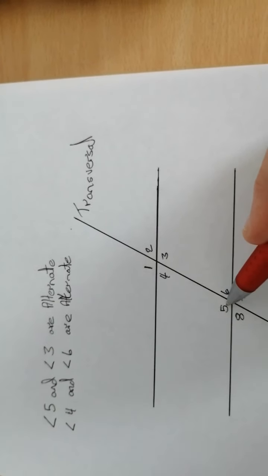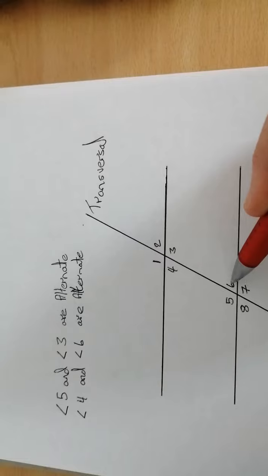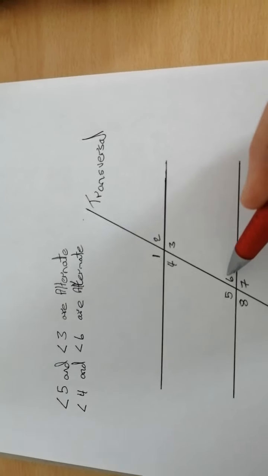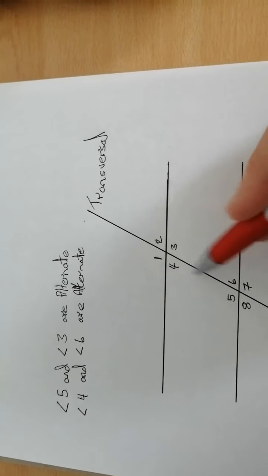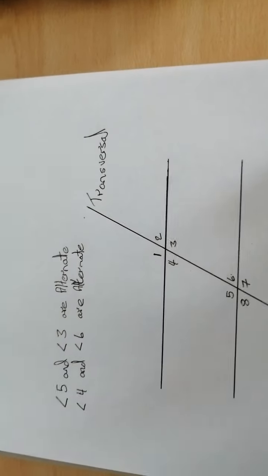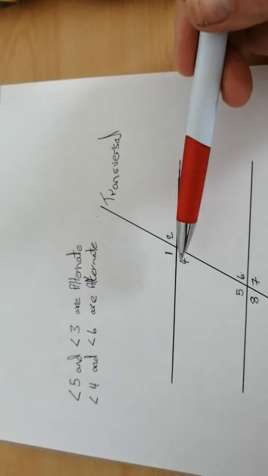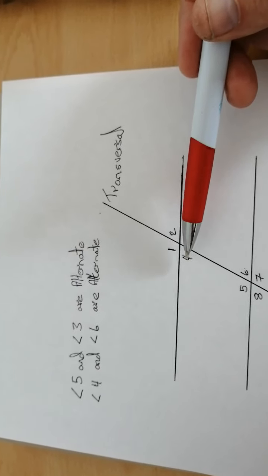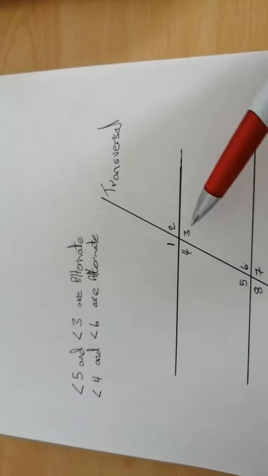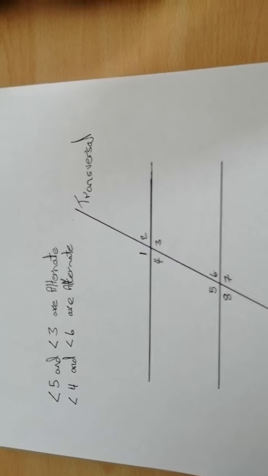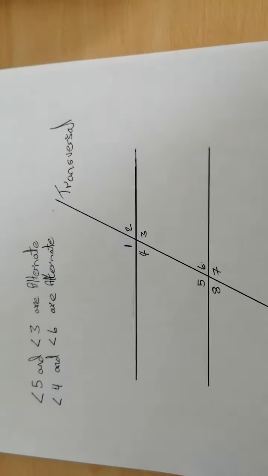So for instance, if that was 100, then this must be 80 degrees. And if that's 80 degrees, then 4 is 80 degrees. 4 and 6 are both 80 degrees, for instance. Okay, so alternate angles, if they occur in a pair, they always must be equal to each other. 4 and 6, 5 and 3. We'll do a little demonstration in a moment that proves that they are definitely equal to each other.